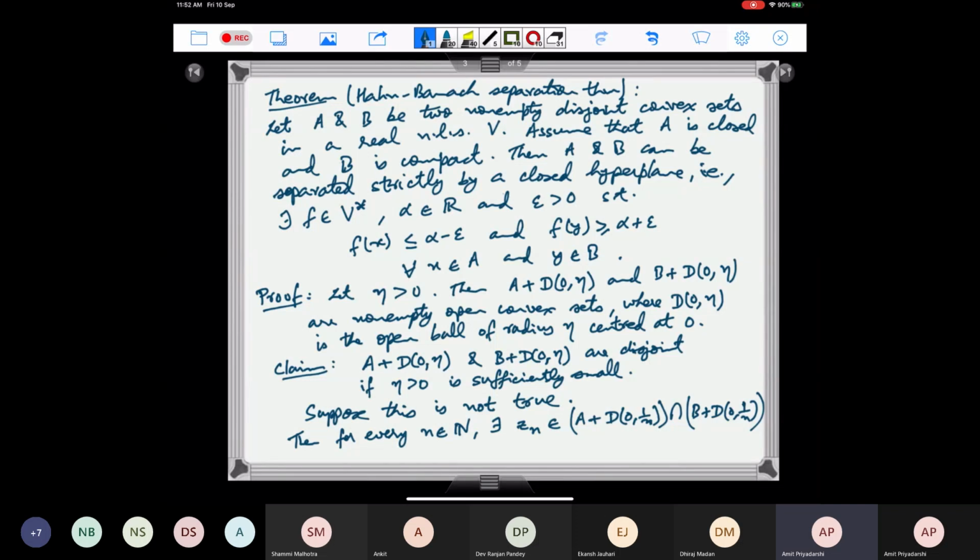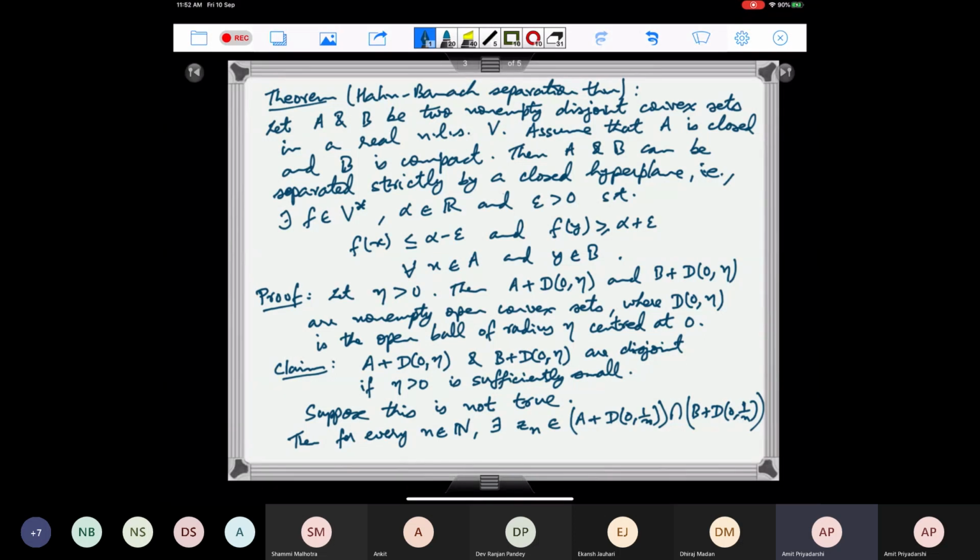That I am not sure can be done in a general metric space, because here we are making use of this normed linear space. If you don't have something like this addition, then we won't be able to say this, right? So I don't know, it may work in more general things also.